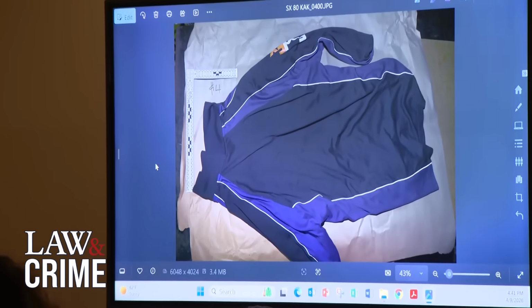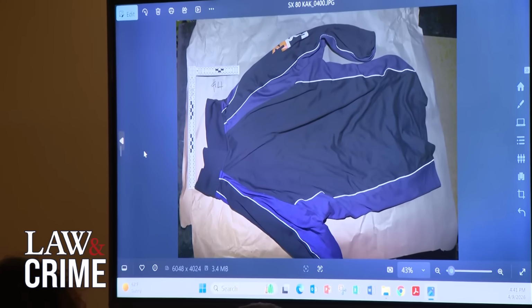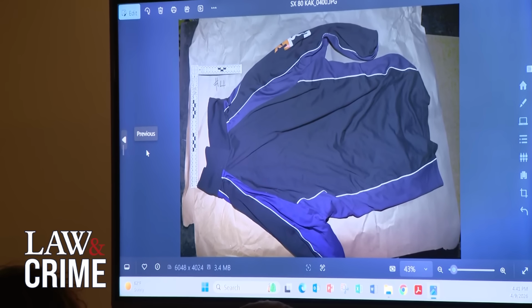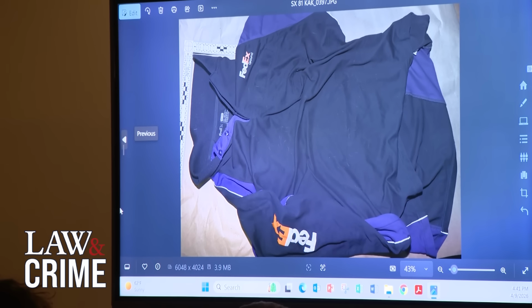We're now showing on the screen what's been admitted as State's Exhibit 80. And what are we looking at here? So this was a FedEx shirt that was found in the shed on the bed. We did our same procedures of collecting it with scale and identifying the number. So it would be item number 4. And it looks like State's Exhibit 81, is this just the front side of the shirt?